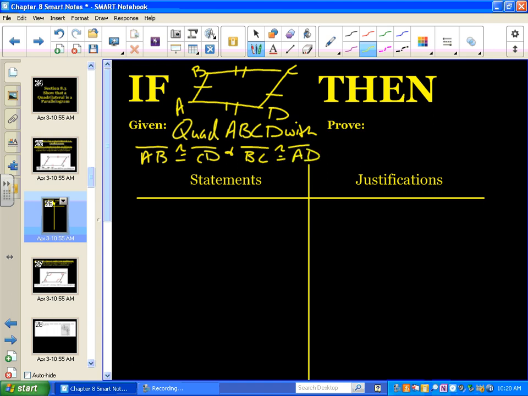Now, according to the theorem, if we have this, then what can we say? Brendan? No, according to the theorem, if we have this figure, then what can we say about it? So we already have the theorem.